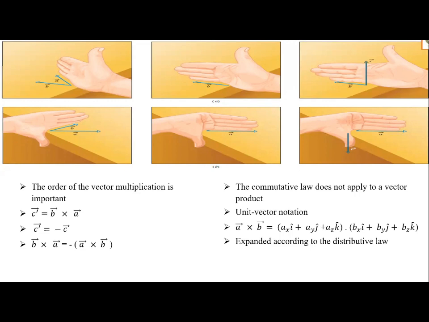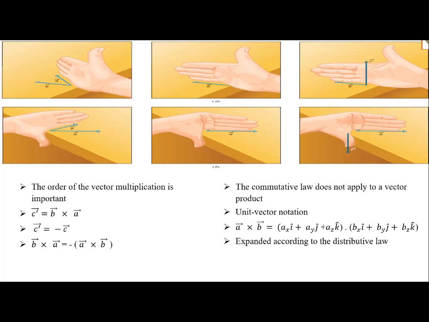Pretend to place your right hand around that line in such a way that your fingers would sweep A into B through the smaller angle between them. Your outstretched thumb points in the direction of vector C.